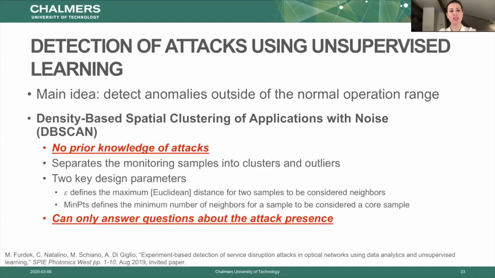It's based on separating the monitoring samples into clusters and outliers. And this is done by tuning 2 key design parameters that determine the maximum distance between 2 samples for them to be considered neighbors, and the minimum number of neighbors for a sample to be considered a core sample. The only question that they can answer is whether there's an attack present or not.